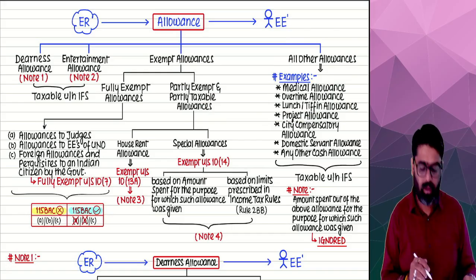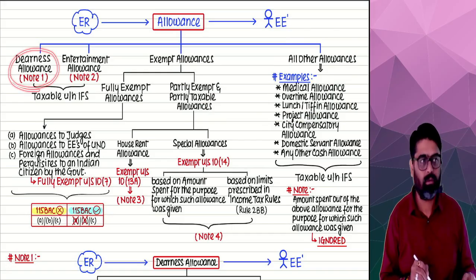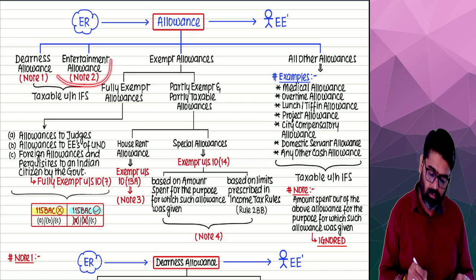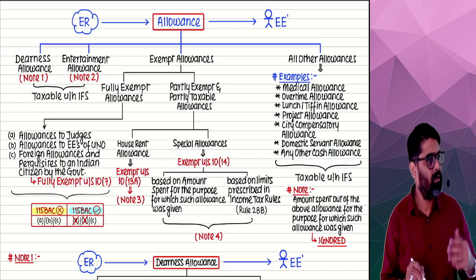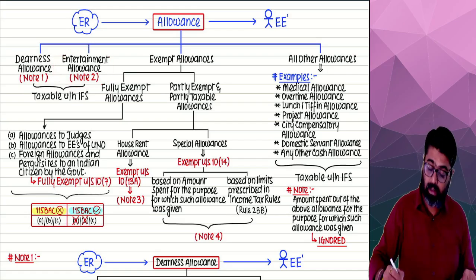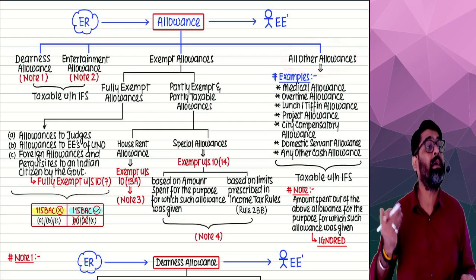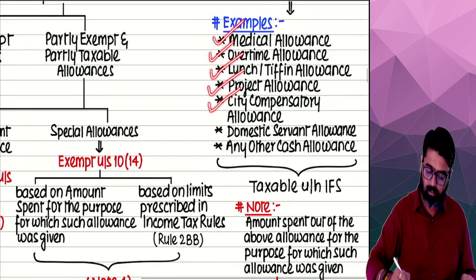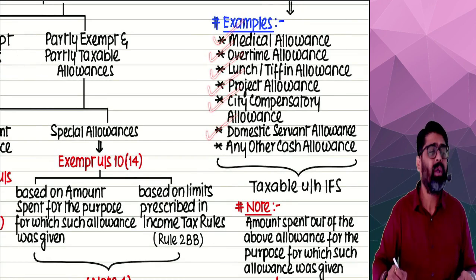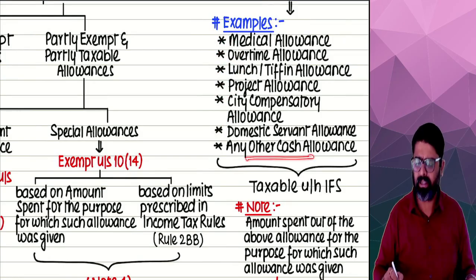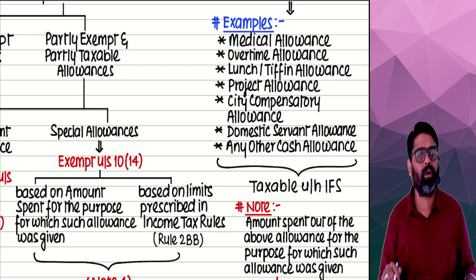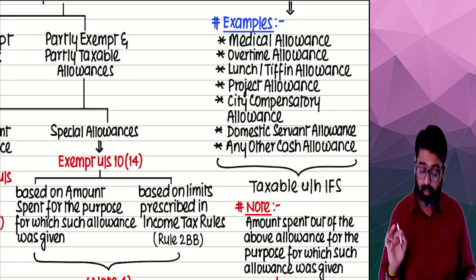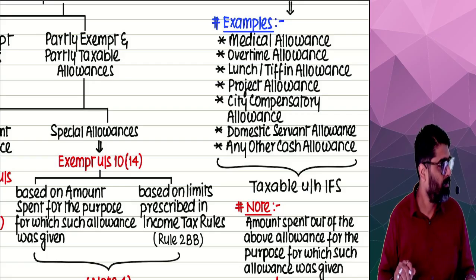So if your employer gives you dearness allowance, taxable. If your employer gives you entertainment allowance, taxable. If your employer gives you any other cash allowance, like medical allowance, overtime allowance, lunch allowance, project allowance, city compensatory allowance, domestic servant allowance, or any other cash allowance by whatever name, it will be fully taxable.